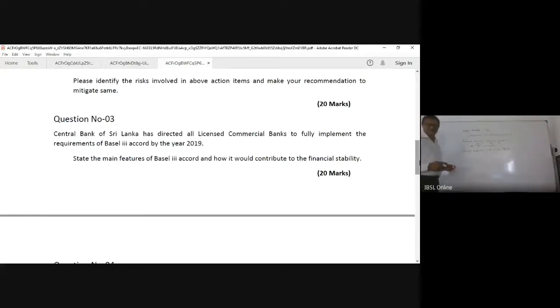What these two new ratios are is what I'm asking you. Liquidity coverage ratio, which you can explain further.